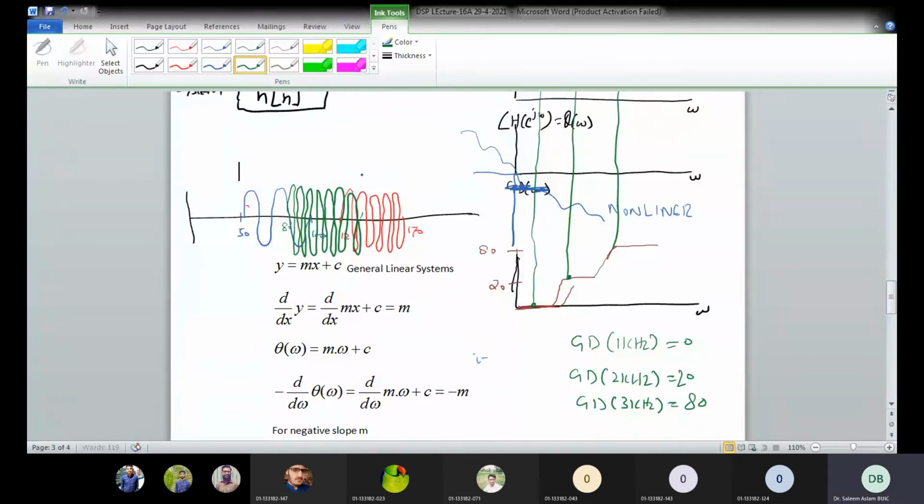Okay, so let's assume this is your 130 point. So this is your output y of n, and this is a distorted output.